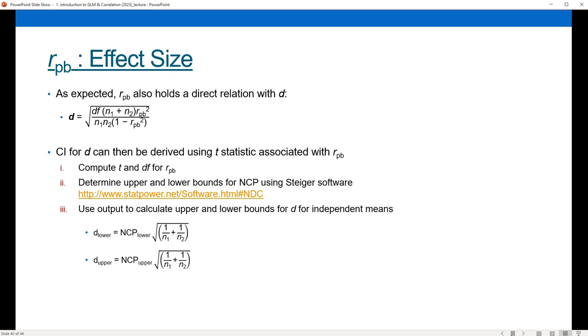All right. But what's cool is, let's say you're reading a paper, and the paper just reports a correlation between some dichotomous indicator and a continuous outcome, and the sample size. That's all they gave you. But what you really want to do is run a study using a t-test and a group-based analysis.